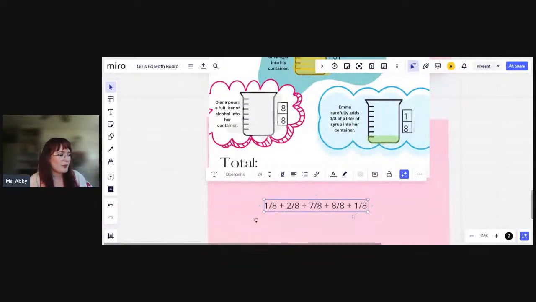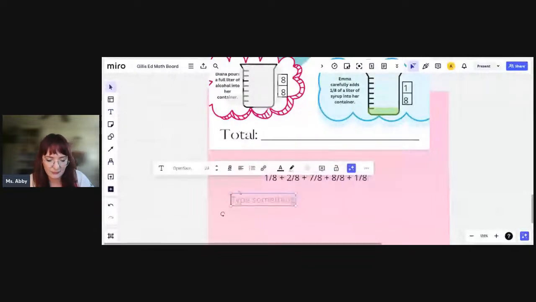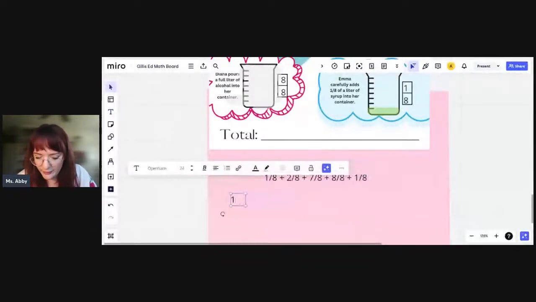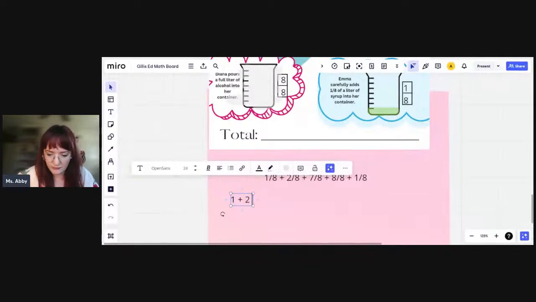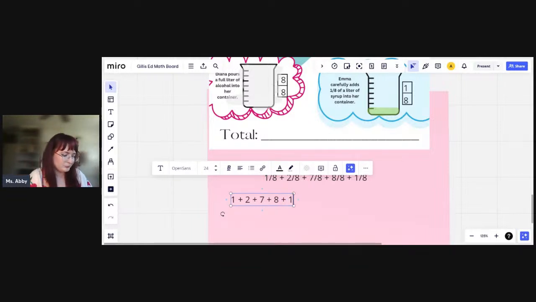So the way that we are going to solve this one is by adding all of the numerators together. We see that each of these problems has the same denominator, so we're not going to worry about the denominator for right now. What we're going to do is add together 1 plus 2 plus 7 plus 8 plus 1.